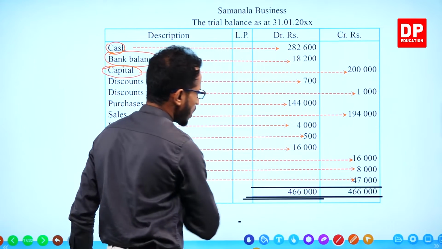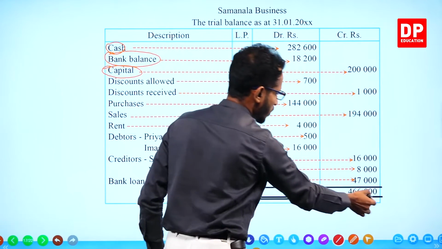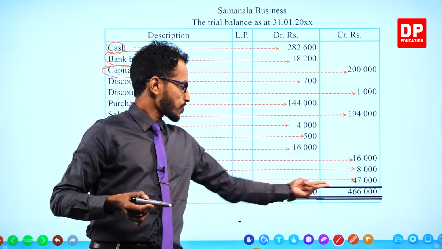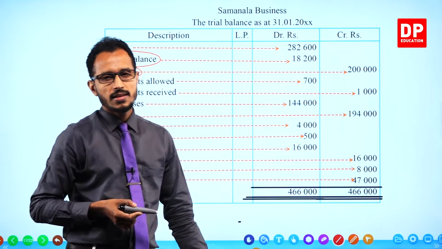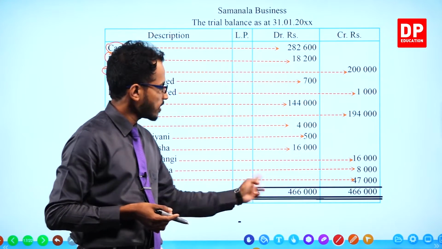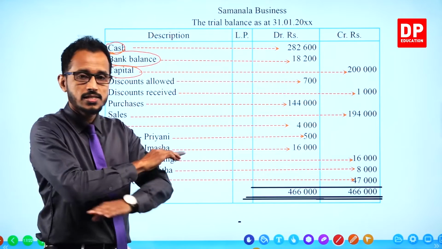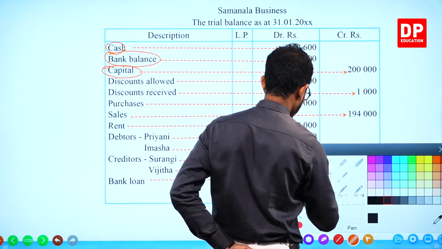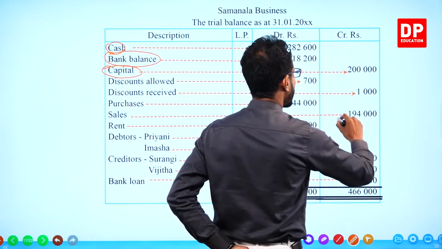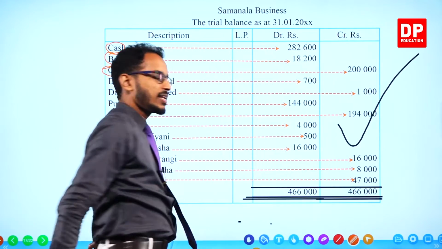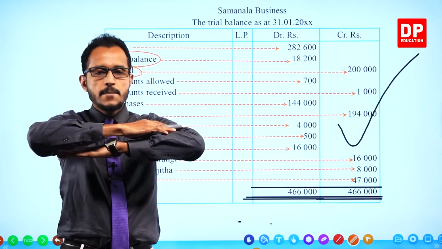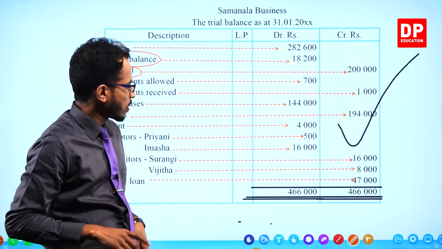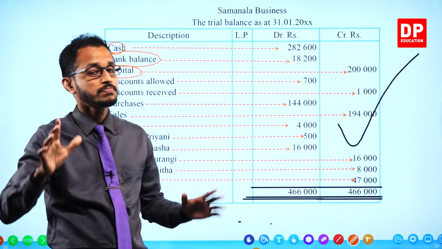The sum of the debit column must be equal to the sum of the credit column, which is exactly what has happened, and this trial balance is done. Done deal. It has balanced. Okay, nothing wrong.